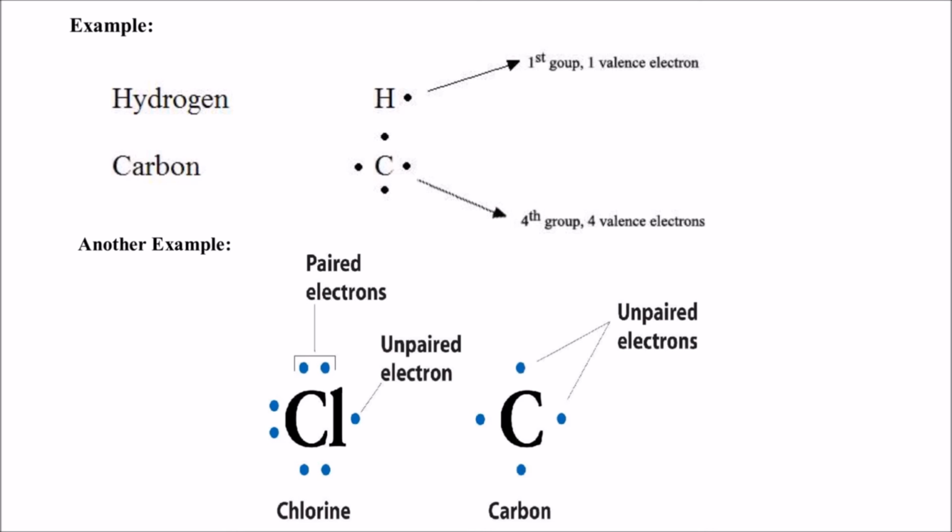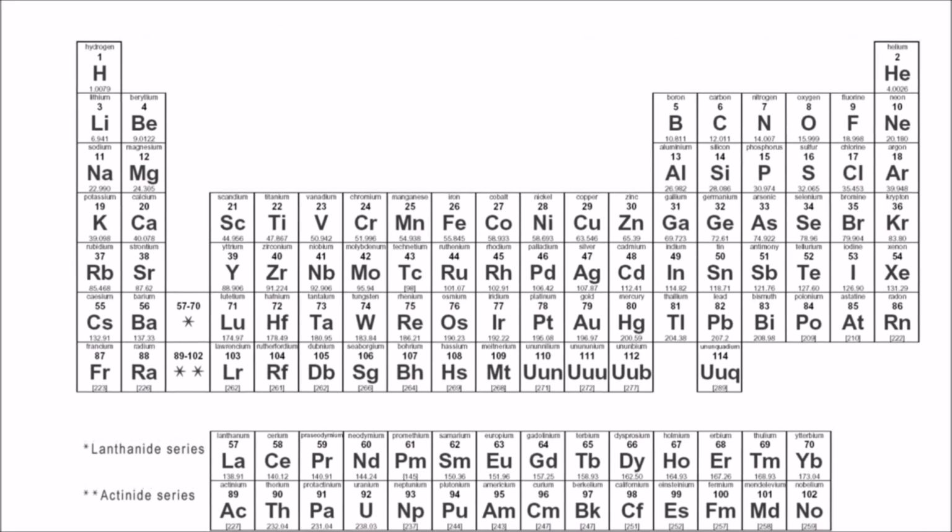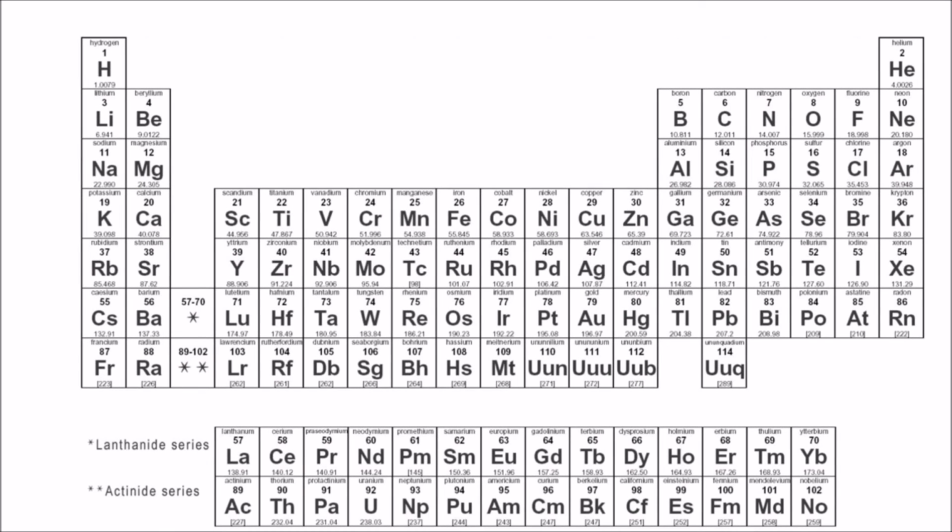Okay, carbon. You write the atomic symbol, and then you need to put the valence electrons around carbon in their dot form. Okay, well, how do we know how many valence electrons an element has? Here's a simple way to know that. I want you to put this on top of your periodic table if you haven't already, okay? There's 1, 2, 3, 4, 5, 6, 7, and 8.